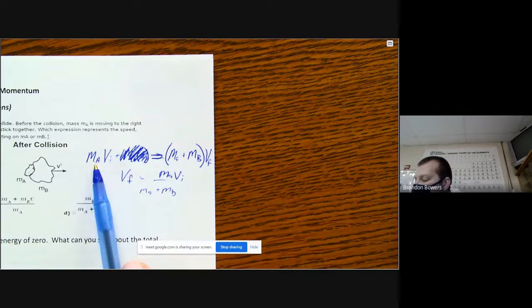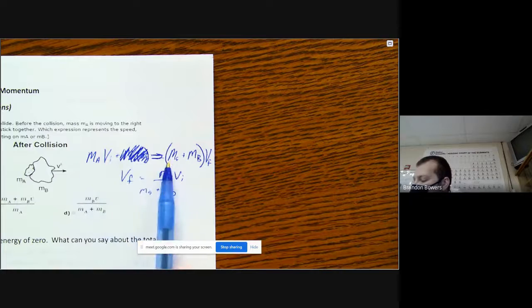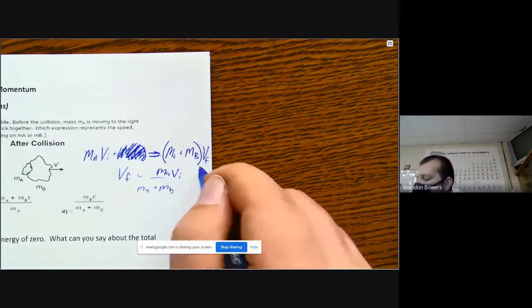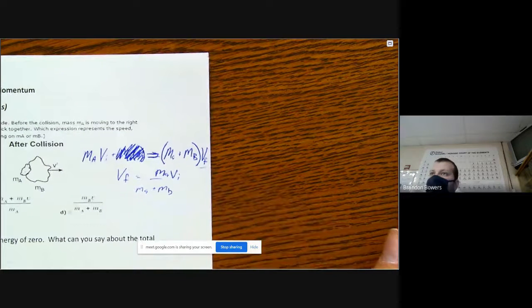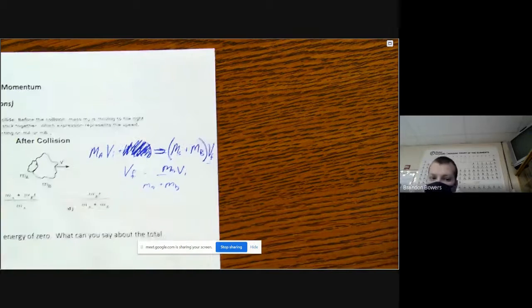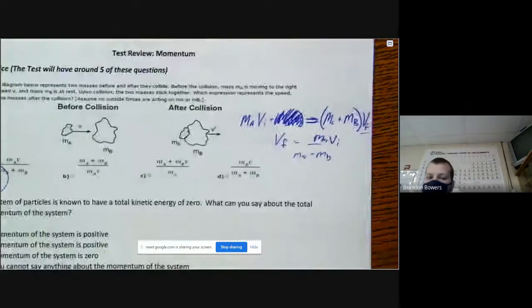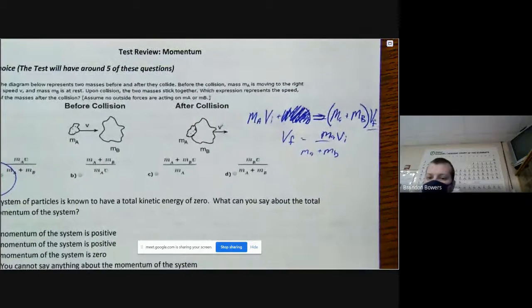So mass A times its velocity divided by the mass A plus mass B, and that will give me my velocity. So that is indeed A. Does that make sense for the first one? Since you're solving for VF.